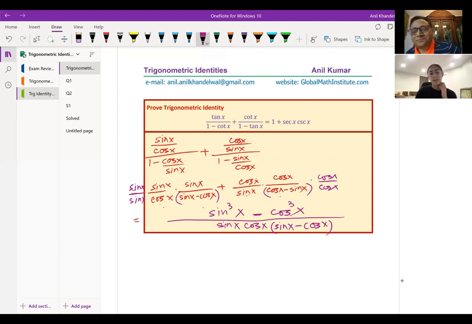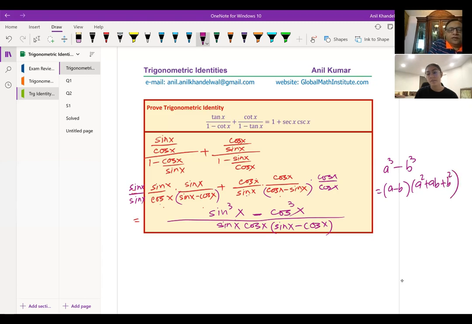You see that? From this point on, what you will need to do is basically factor out a sine x minus cos x. Once you have the formula a cubed minus b cubed, which is a minus b times a squared plus ab plus b squared, correct?